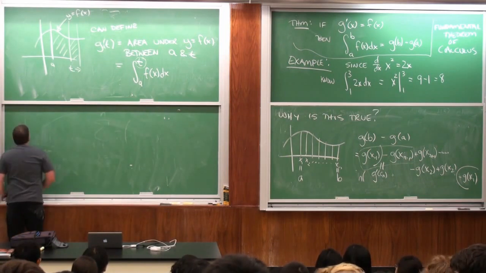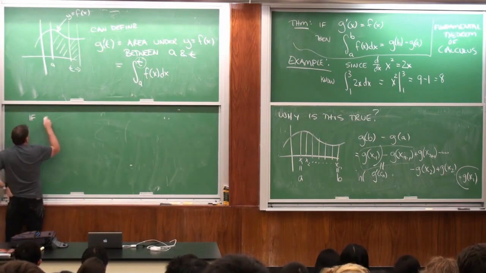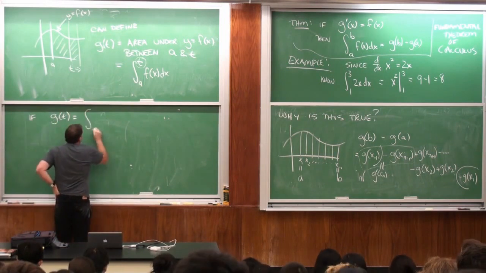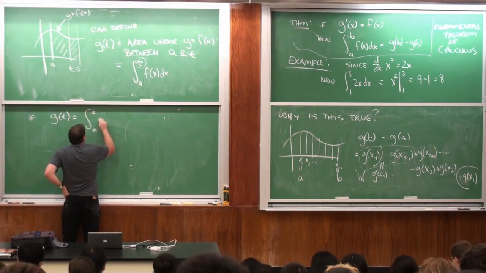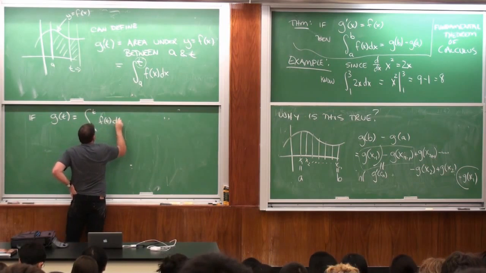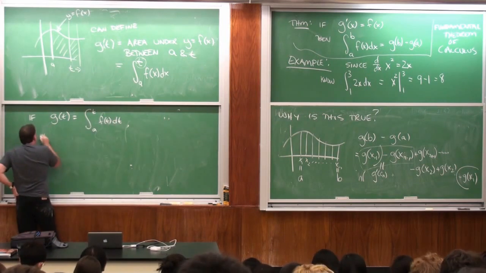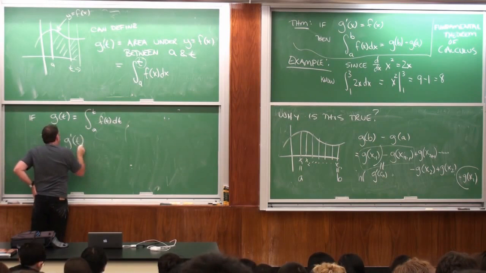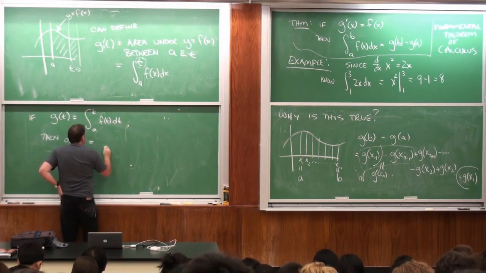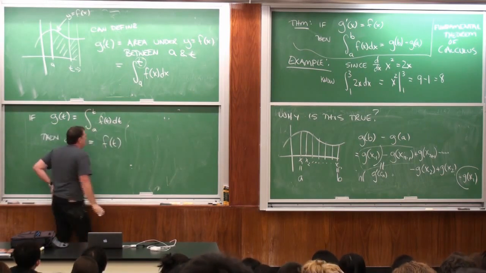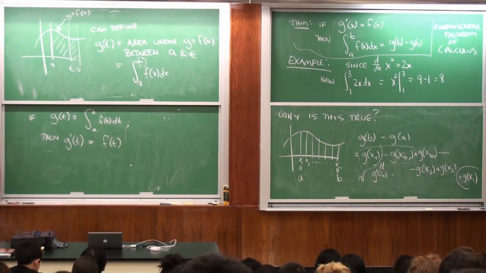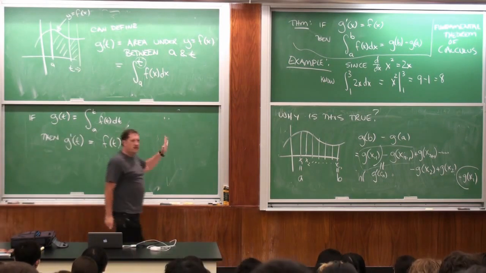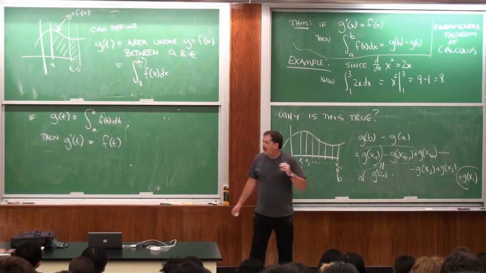So the second part of the fundamental theorem says that if g of t is the integral from anywhere to t of f of t dt, then the derivative is just the function that I started. So these two together tell me that derivatives and integrals are inverses of one another.